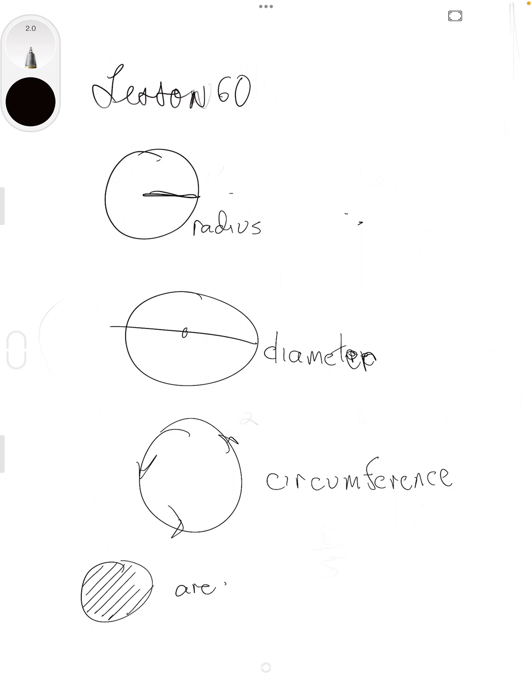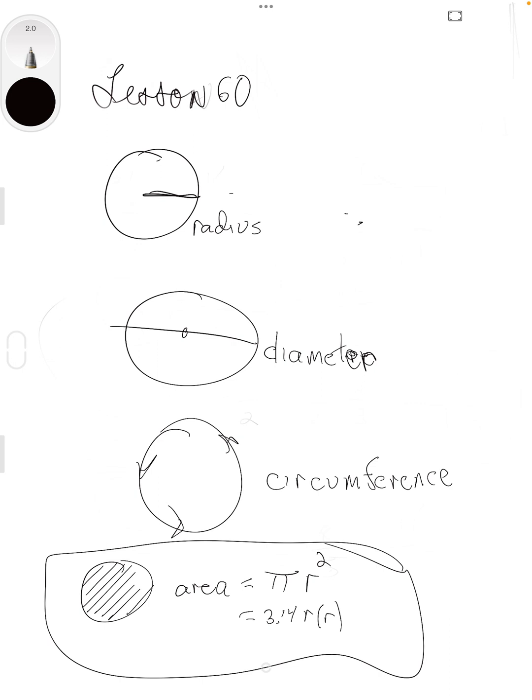Area is equal to pi times the radius squared. So if you know the radius, you just take pi, which is 3.14, times the radius times the radius. That's what we mean by radius squared. That is a formula you need to know. Area equals pi r squared.